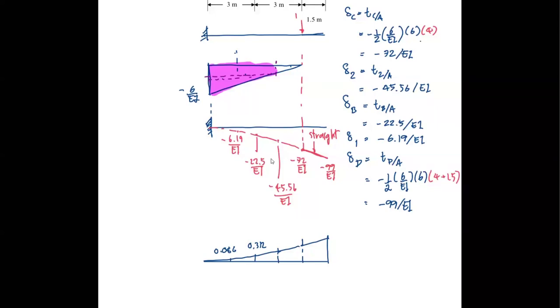The third is 0.633. The fourth one is of course 1. And the last one is 1.375. So remember that this is straight. And this is the influence line of RC.